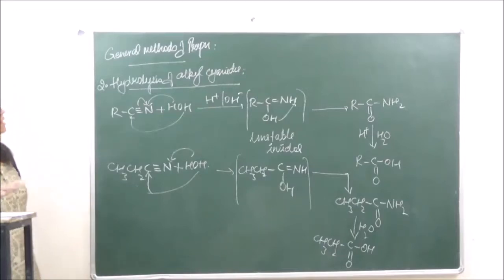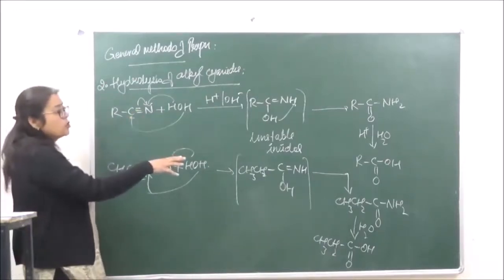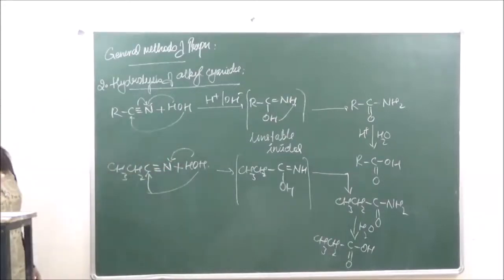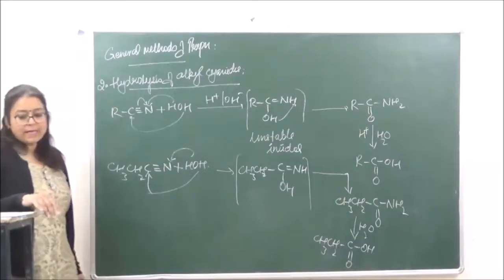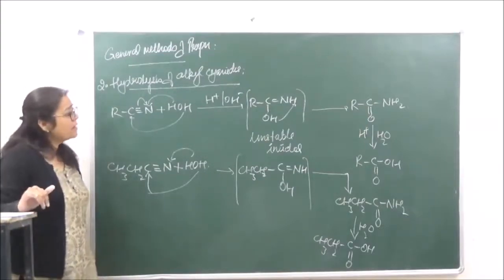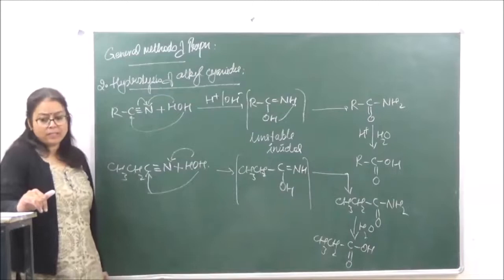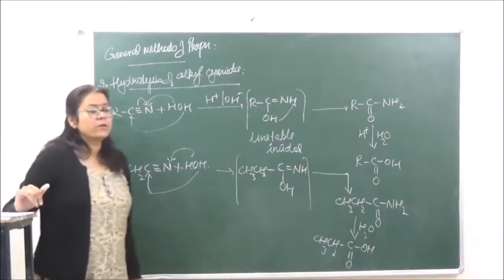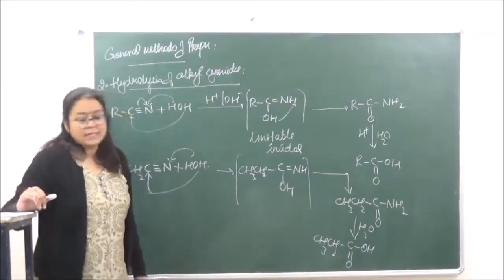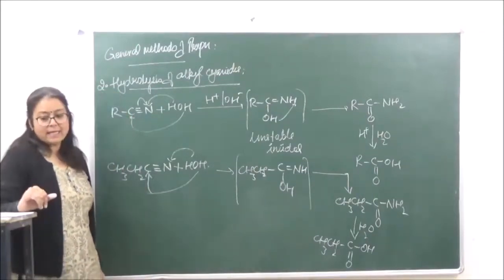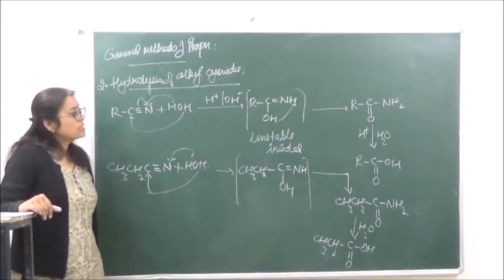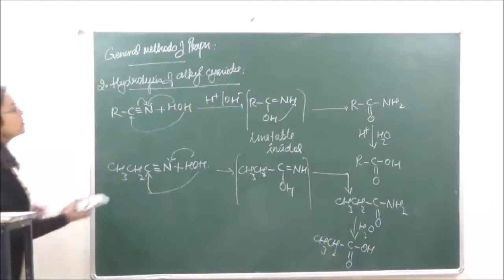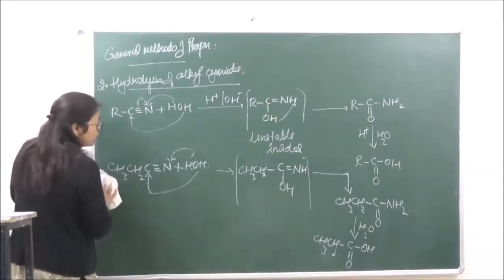Now, while we are doing the preparation of carboxylic acids by this particular reaction, you need to know certain points. For example, the hydrolysis can be done in presence of an alkali also; in presence of an alkali, we are going to get the sodium salt. Okay? Secondly, alkyl halides can also be used. So this is going to be an upgradation reaction. Let's see what the upgradation reaction is.